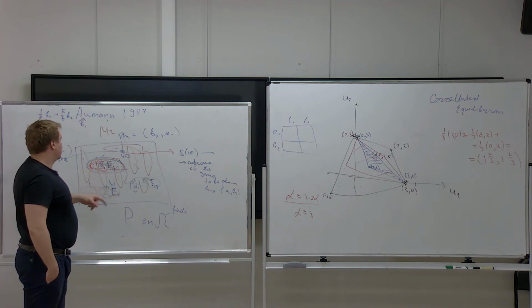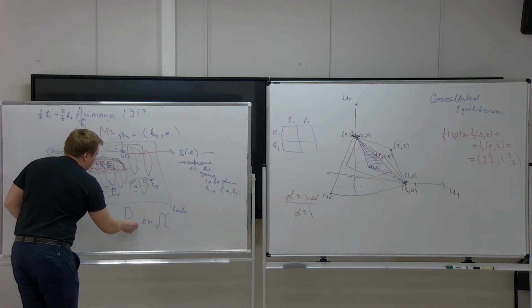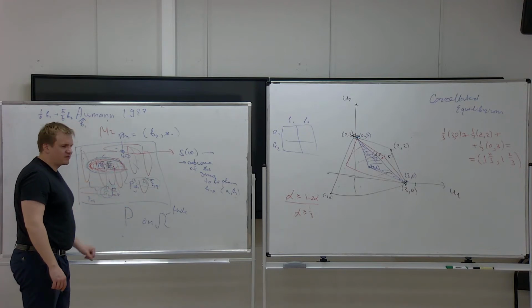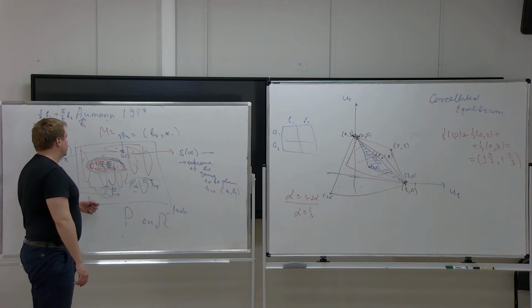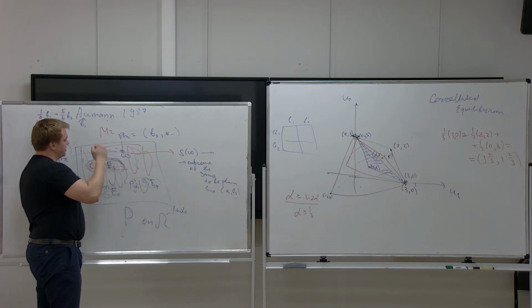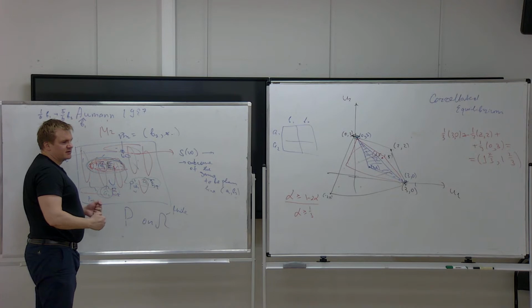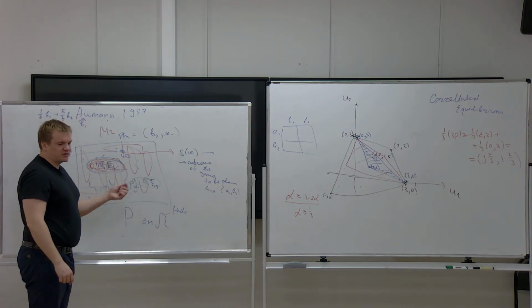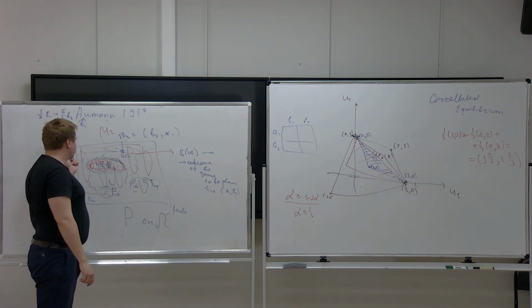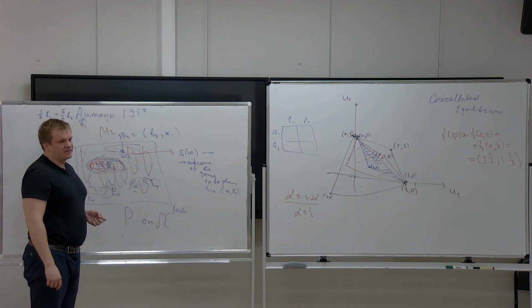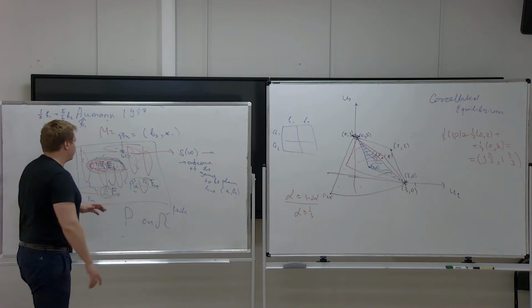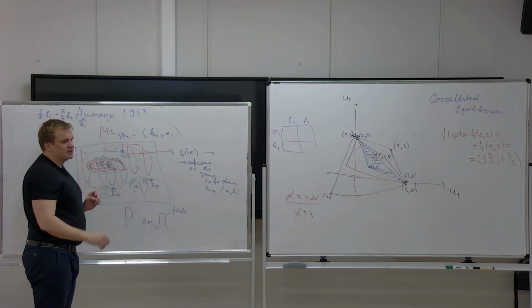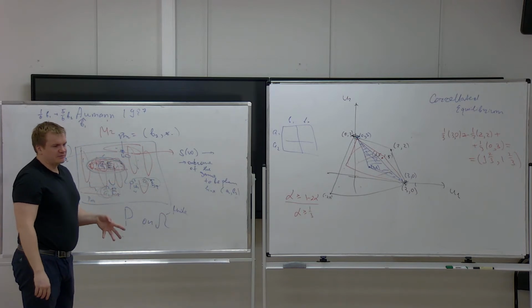Now, if they have the same common prior, this is the common prior assumption, this P is the same for both of them, and they take their information partition and do a Bayesian update, and in each state of the world they are Bayesian rational, meaning that they select the action which is optimal given their belief, then the distribution of play induced in this game is a correlated equilibrium.